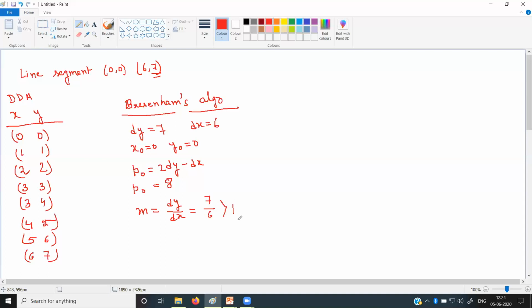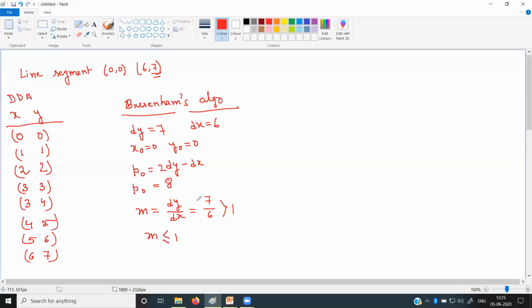So in the Bresenham line drawing algorithm, one important trick is that for all the equations we have computed, the m value is less than or equal to 1. Fine. Now here, the value of m is greater than 1. So if the value of m is greater than 1, we have to change only the x and y. Okay.